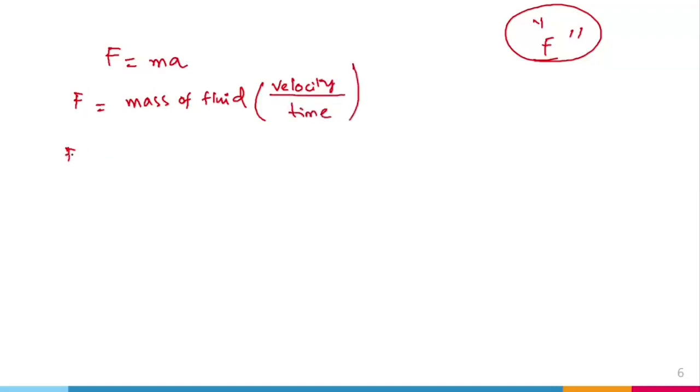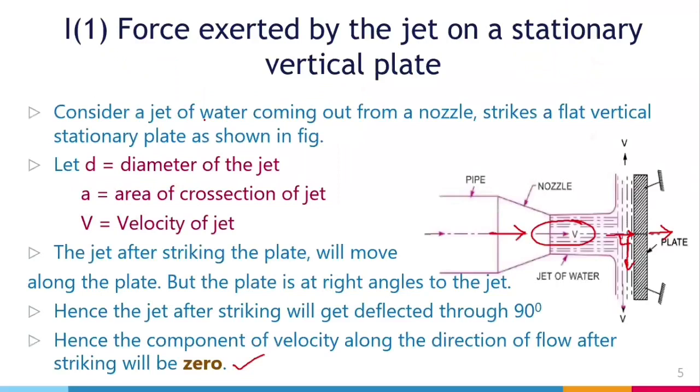So I will simplify this. Please listen carefully, because this is the same statement we will be using for all derivations. So what I'll write is mass by time into velocity. But we cannot take it directly. If you observe practically, when the water came out from the nozzle, it had some velocity v. After striking, it deflected 90 degrees, slid down, and the velocity became 0.